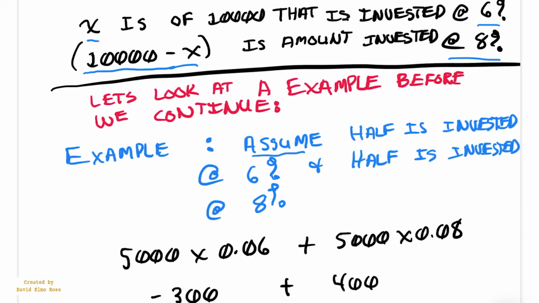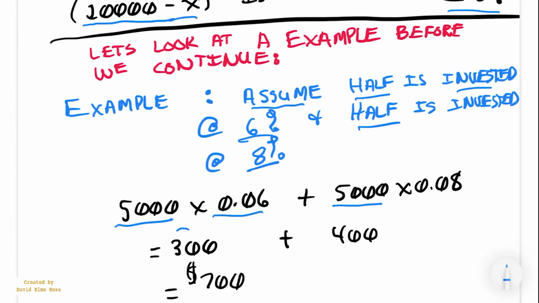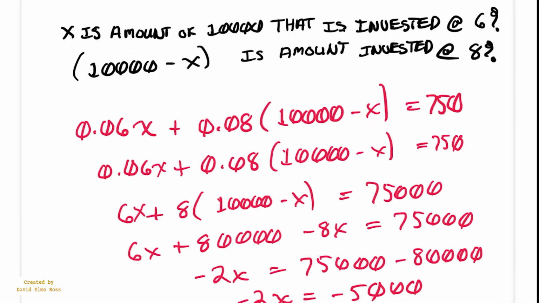So let's assume that half is invested at 6% and half is invested at 8%. Half of our dollar value is 5,000 times 0.06, that gives us $300. The other 5,000 at 0.08, just to give us some rough numbers, that's 400. We add the two, we get $700. And that's how this thing should work. Now we saw X is the amount of the $10,000 invested at 6%.